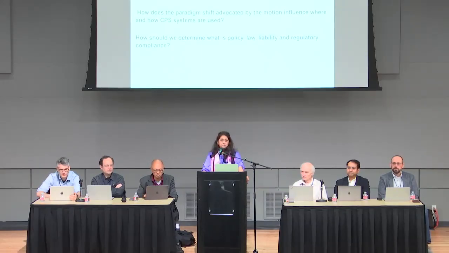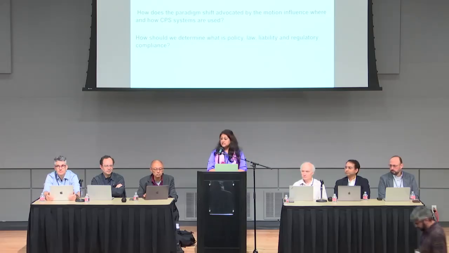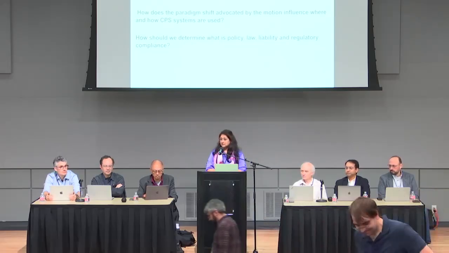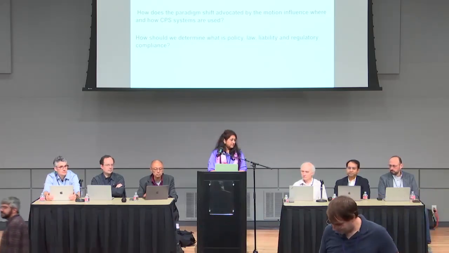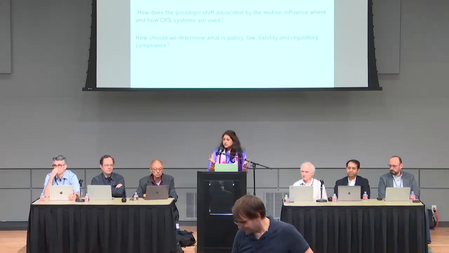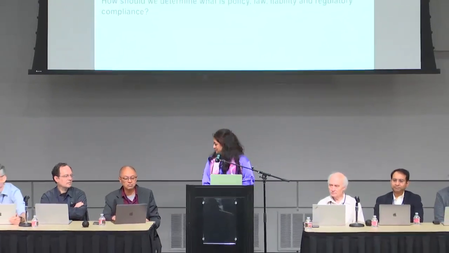What should education and researchers do? What should communities or people who are using these systems do? And does it influence policy, law, liability, regulatory compliance? I'm sure all of you have lots of thoughts on these, and maybe food for thought for the remainder of the conference and maybe the next conference as well.